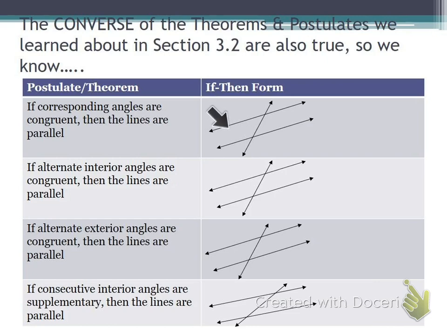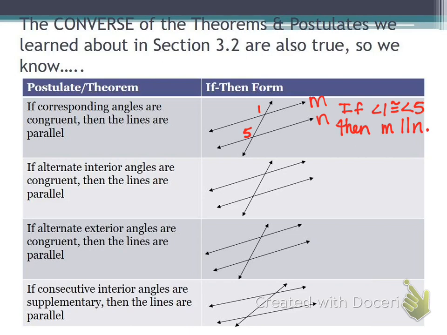So notice that I did not put any triangles on the lines because I don't know that they're parallel right away. I'm going to call them M and N today. So if I were to have a pair of corresponding angles like 1 and 5, I could say that if angle 1 is congruent to angle 5, then M is going to be parallel to N. The converse of what we did yesterday. We're just flipping them around.